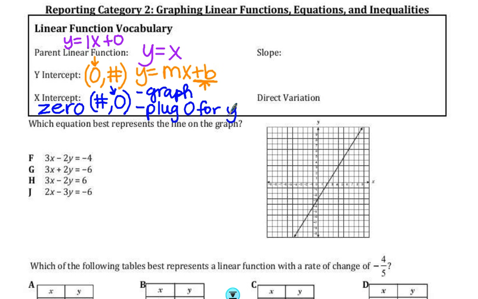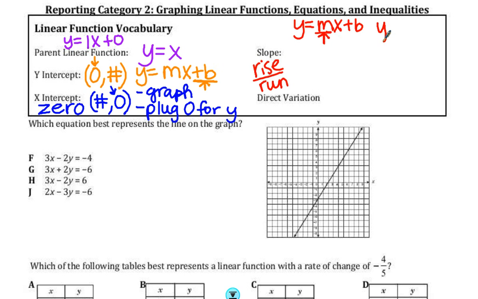And the last thing, or I'm sorry, not last thing, but slope. There are so many ways to talk about slope. First, looking at something like this, where is the slope? Hopefully you said it's m. Yes, it's the m value, whatever is hooked up with your variable. Sometimes we'll say it's rise over run.